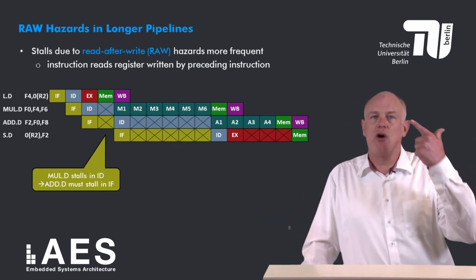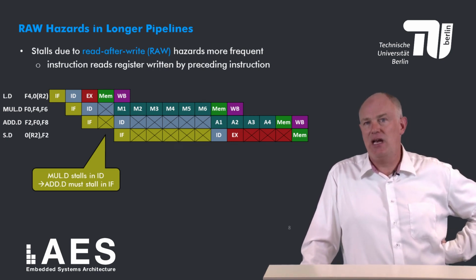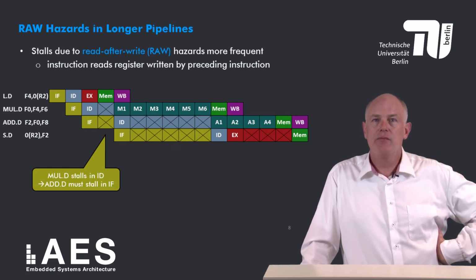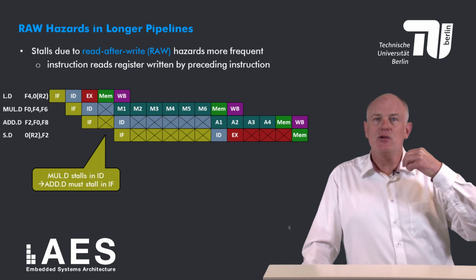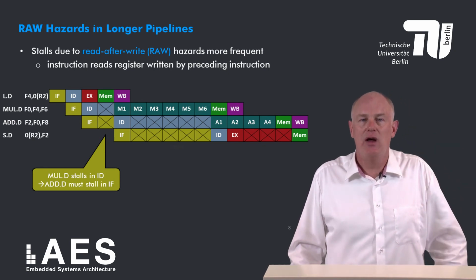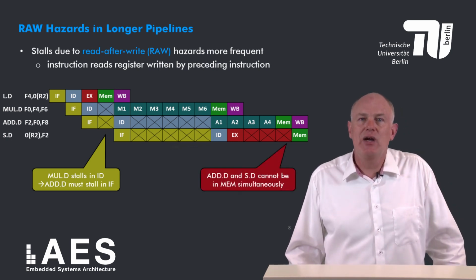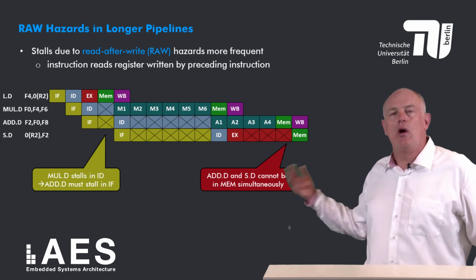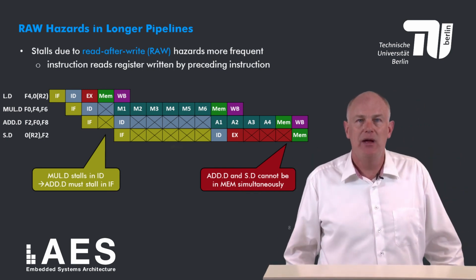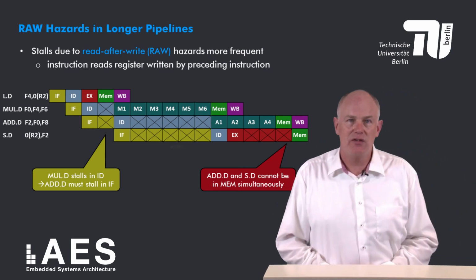The first two stalls are due to the fact that the value to be stored is not yet available, but is being produced by the floating point adder. After these two cycles, the result could in principle be forwarded to the mem stage of the store. However, another stall cycle is required because the add and the store, as currently assumed, cannot be in the mem stage at the same time. In other words, the mem stage will serialize these two instructions.